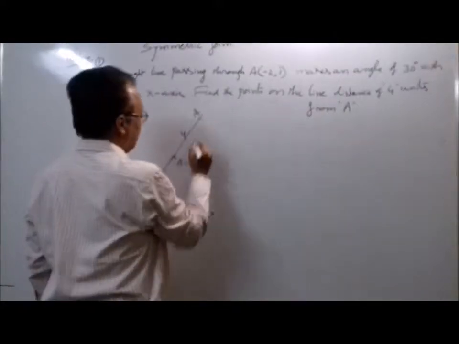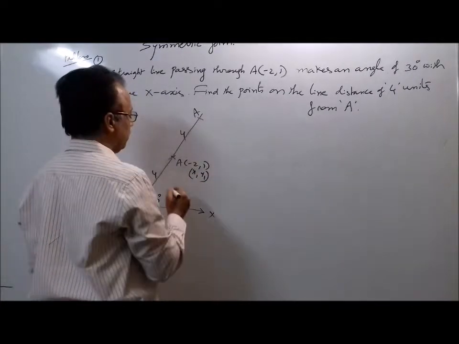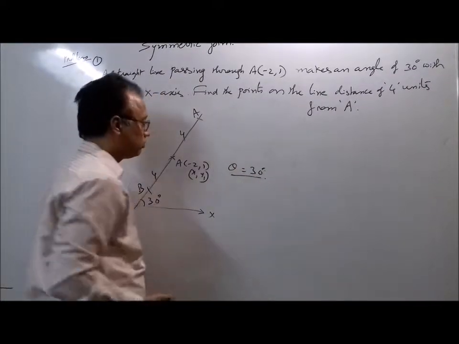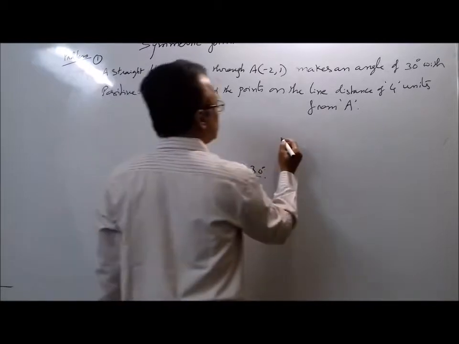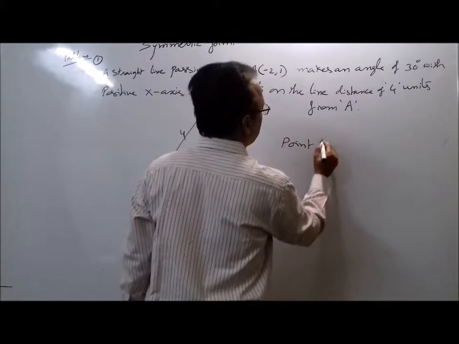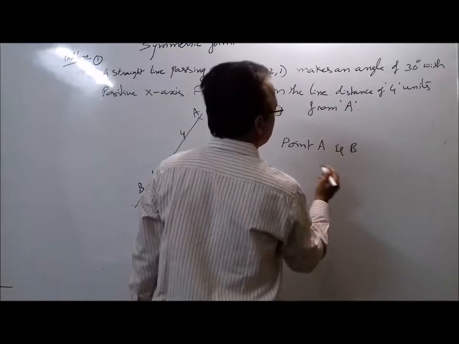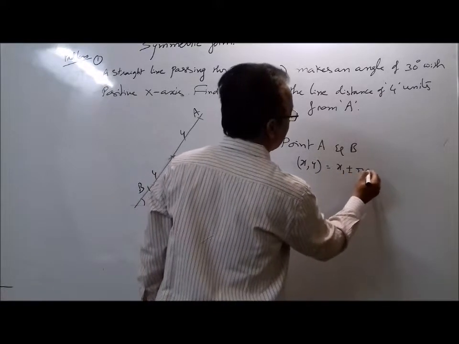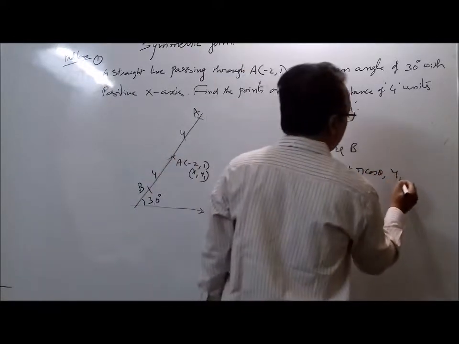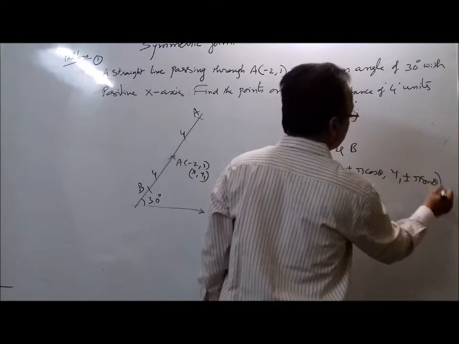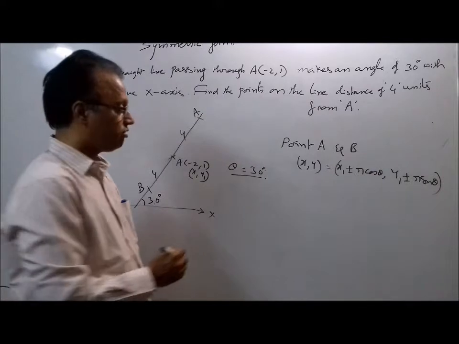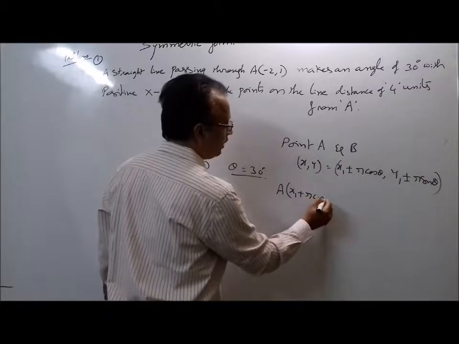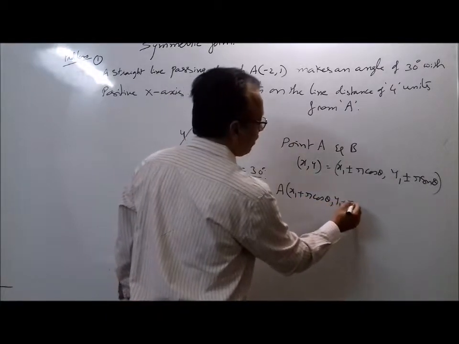So this is x1, y1 we take, and theta is given as 30 degrees. The point A and B is x comma y, randomly x1 plus r cos theta, y1 plus r sin theta.